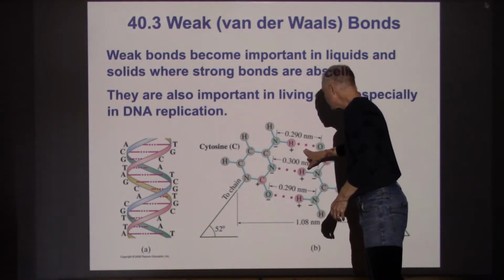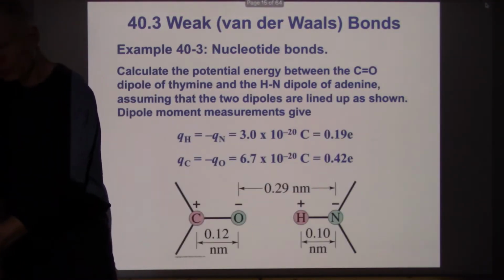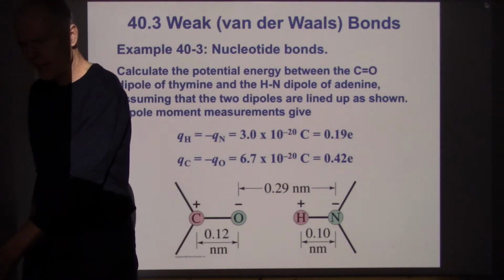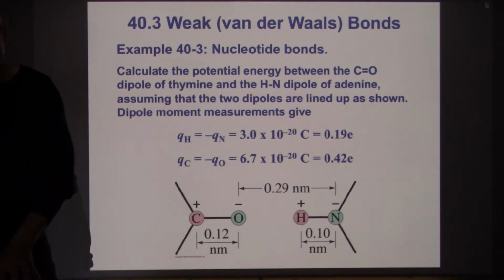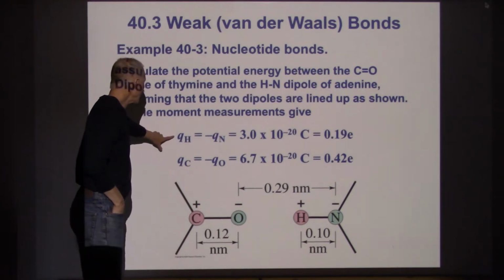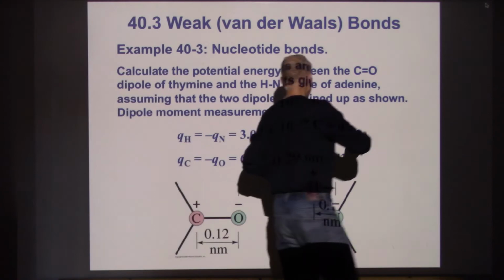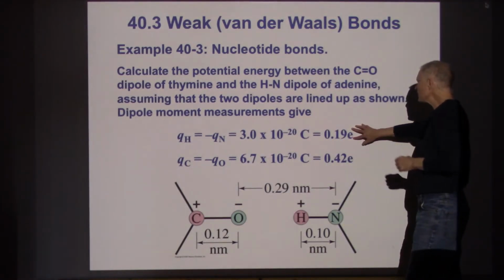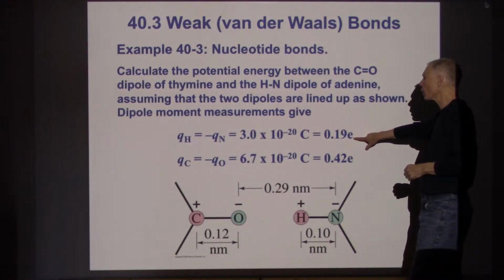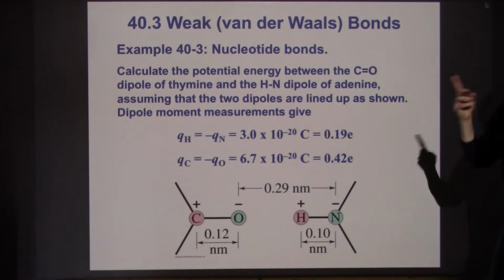So these are the distances. Now, I think there's an example here that they go through. They say that the polarization on the hydrogens and the nitrogens is the equivalent of about 19% of a full charge. So it's not like the hydrogen is H plus and the nitrogen is N minus.